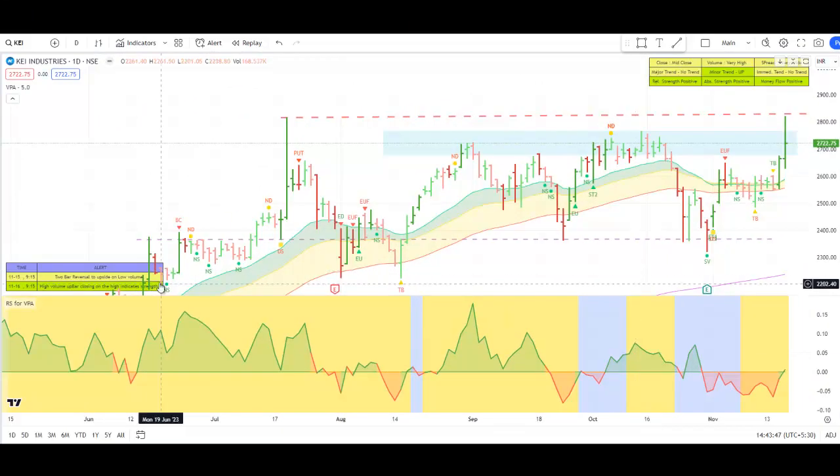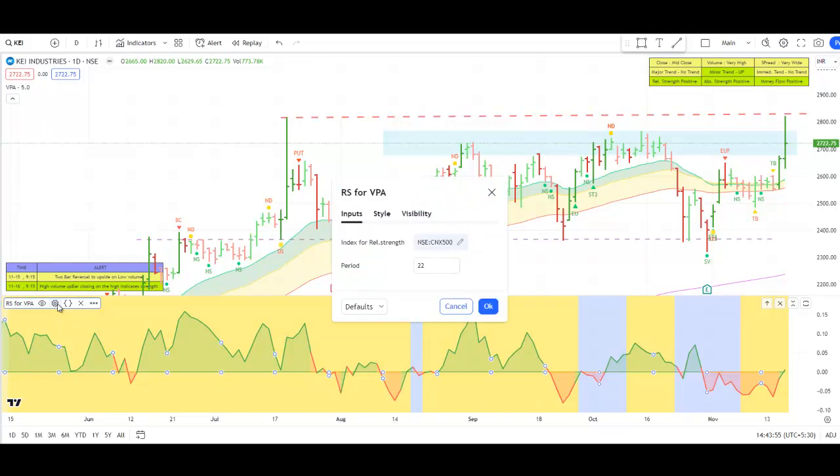Now let us look at how to select the options here. Go to the indicator, select the settings. Here you can see the index for relative strength is CNX 500, which is the NSE 500. And the period is 22. This 22 is for the daily time frame, which is almost equal to a month's trading period.